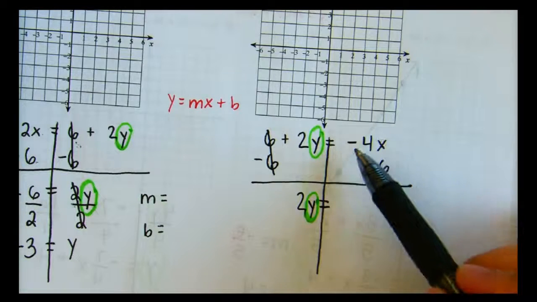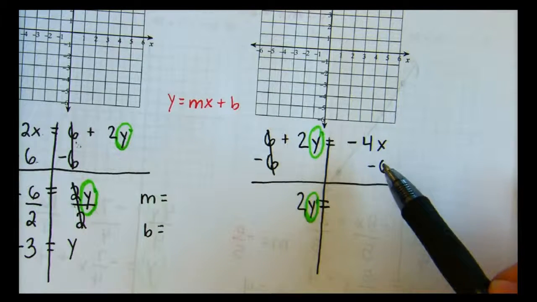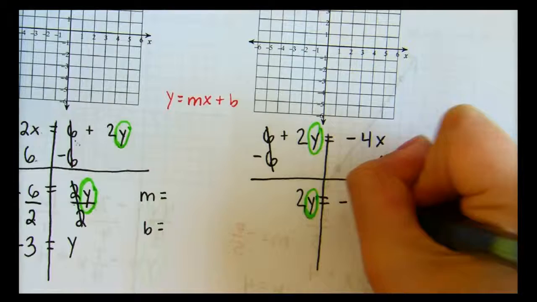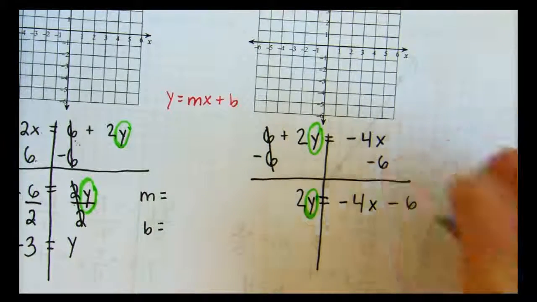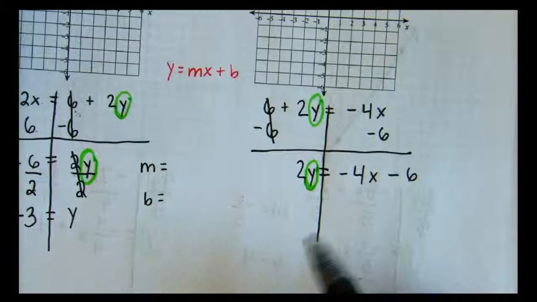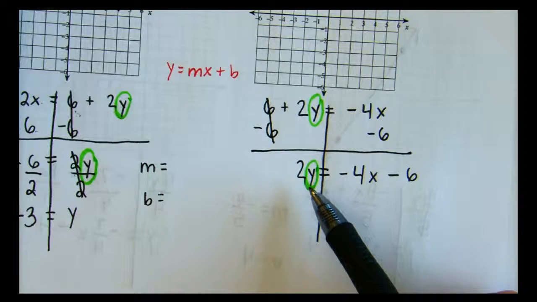On this side, since these two terms are not like terms, I'm going to copy them exactly as they are. Negative 4x minus 6. Okay, last step. My y is not by itself yet. It's got this 2. How do I get rid of it?